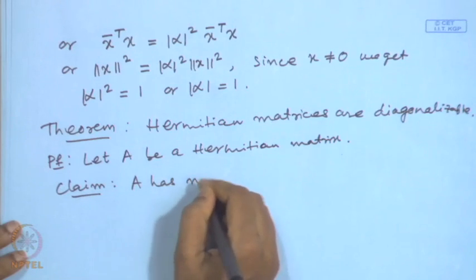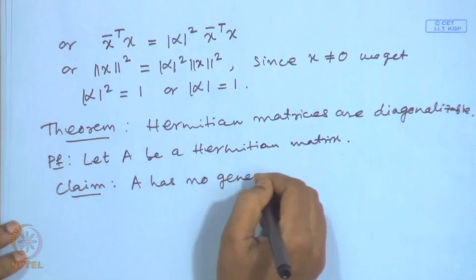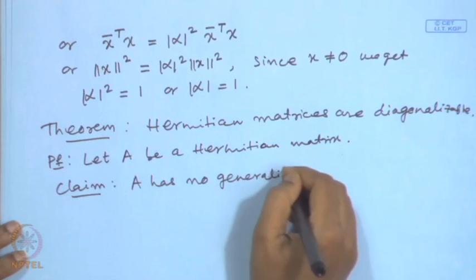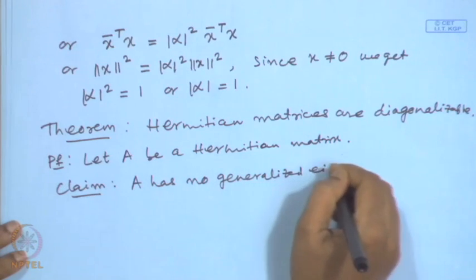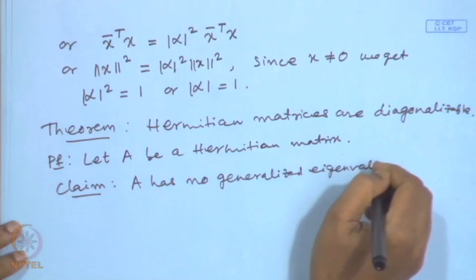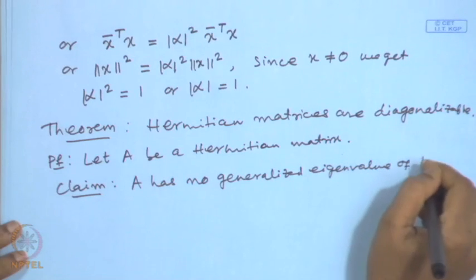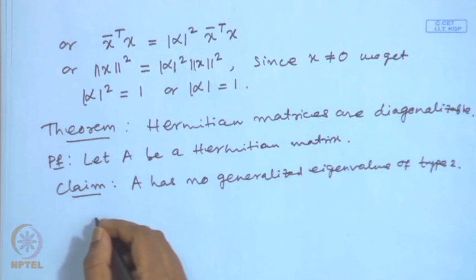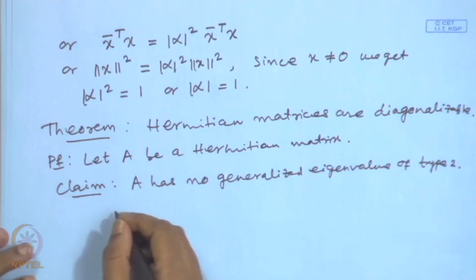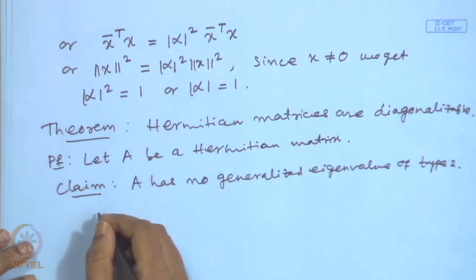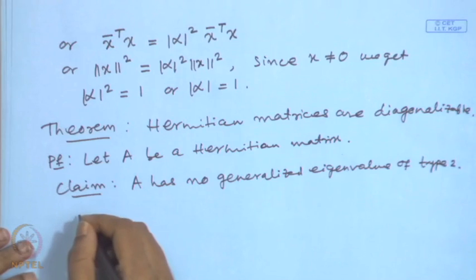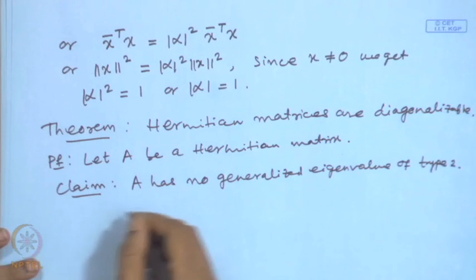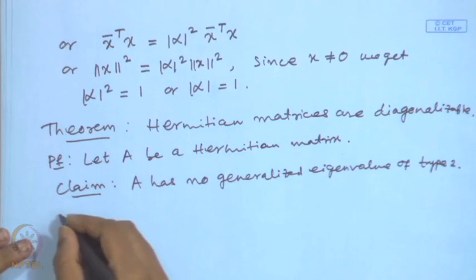So, if this claim is true, then we cannot have generalized eigenvalues of type k greater than or equal to 3.